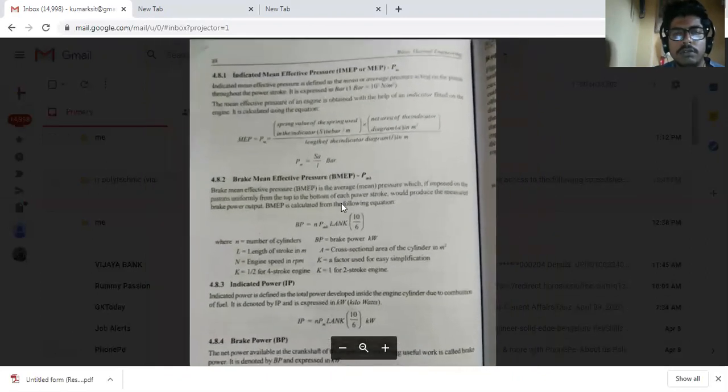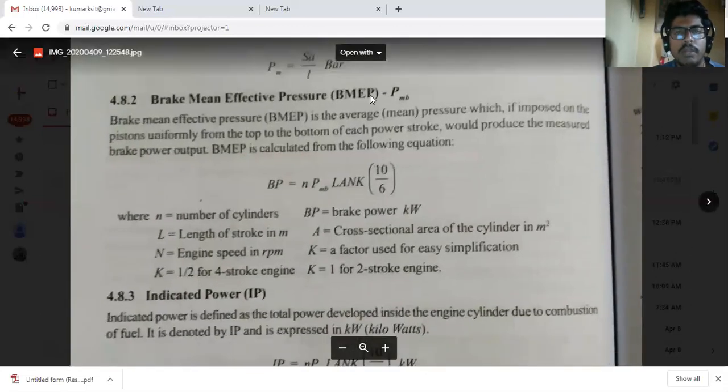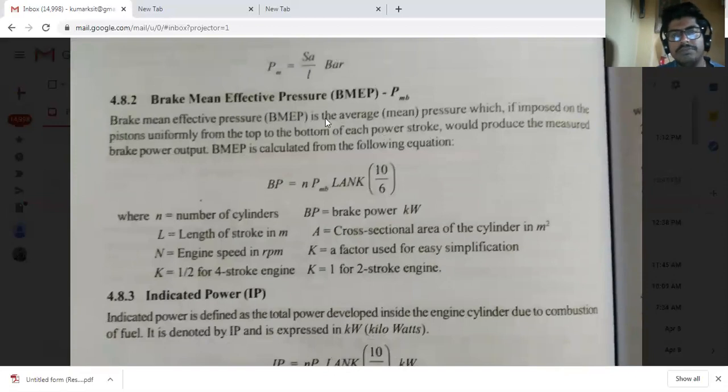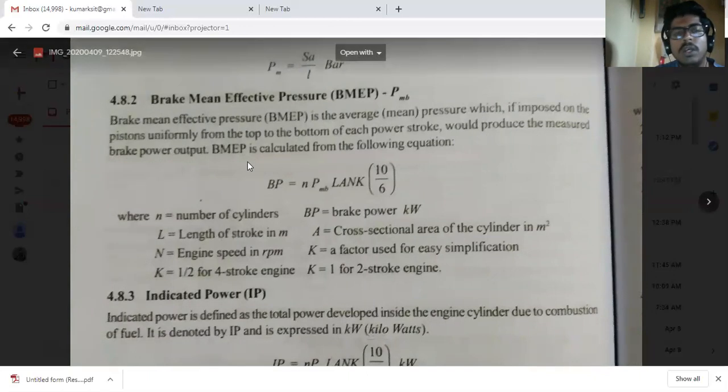The next is brake mean effective pressure. What do you mean by brake mean effective pressure? It is the average pressure imposed on the pistons uniformly from top to bottom of each power stroke that would produce the measured brake power output.